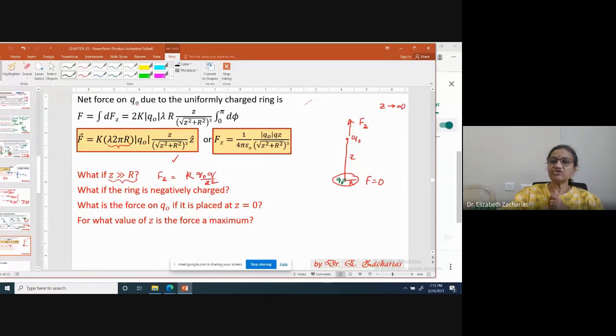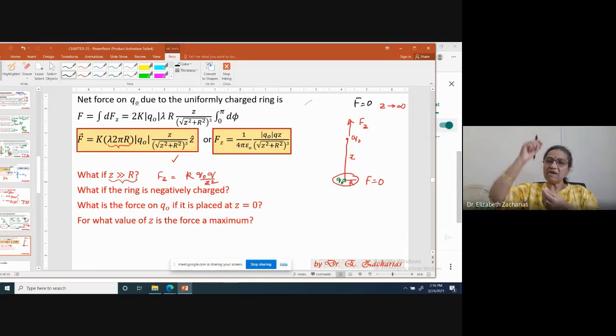What happens if Z tends to infinity? If I have a charge Q0 here and another charge at infinity, will these two talk to each other? They will not interact. Therefore, the force will be 0 at infinity. Force is 0 here also.